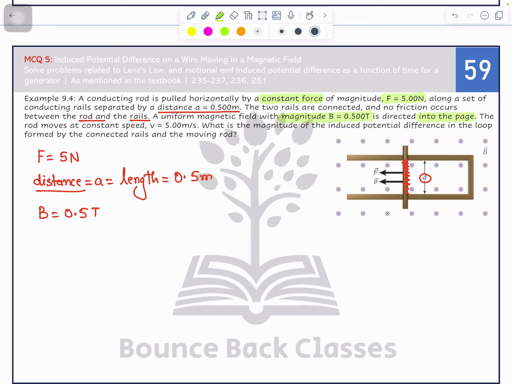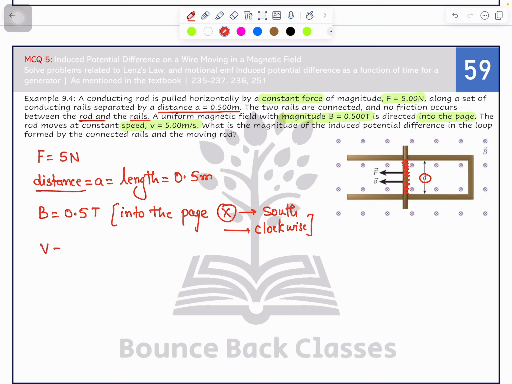Into the page means X. X means south. South means clockwise. Yes or no? The rod moves at a constant velocity, V equals 5 meter per second.